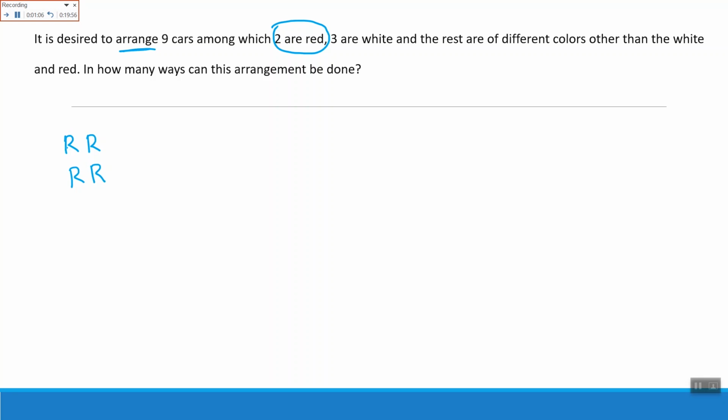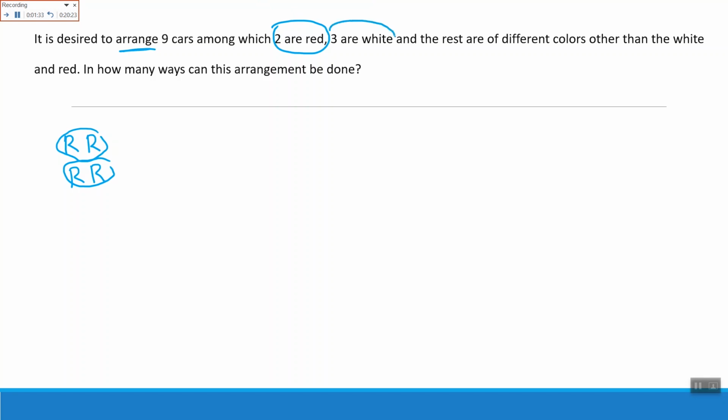Or we put the second and the first, they're both red. They're identical cars and they have the same color. So if we put them in this order or in that order, it doesn't matter. So between the red cars, arrangement is not important.